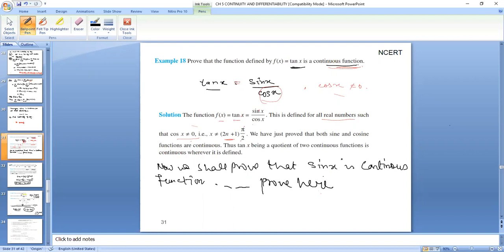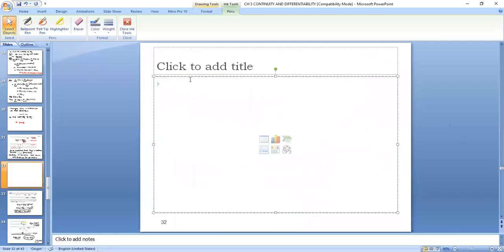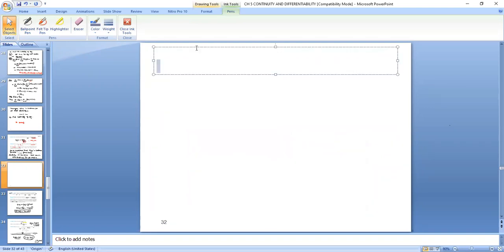So after proving sin x is continuous, you can write similarly, we can prove that cos x is also continuous for all real x. After that, the next step will be first prove it for sin x. For cos x, you need not prove. You can write it similarly.